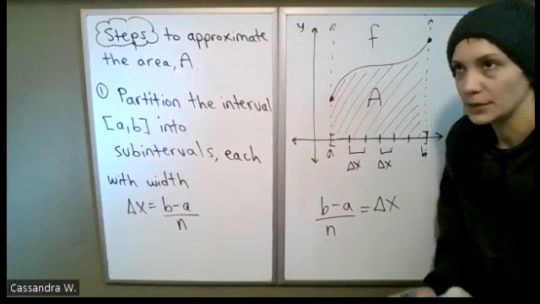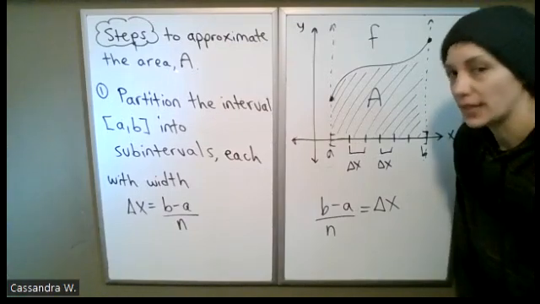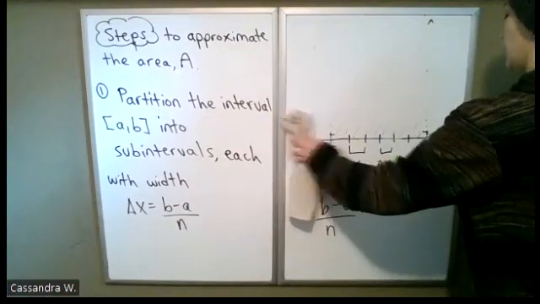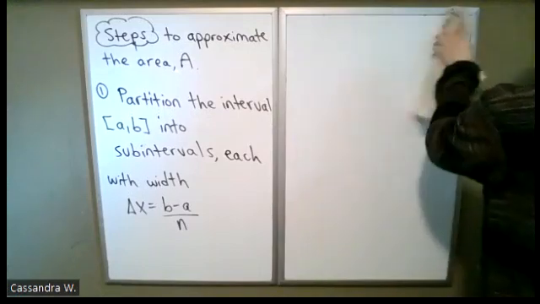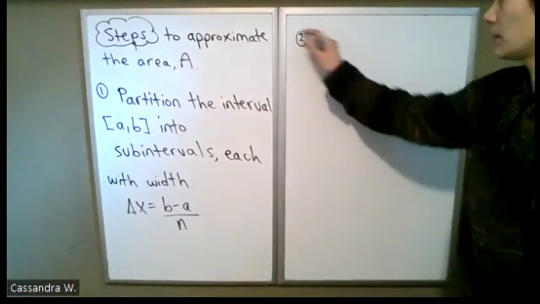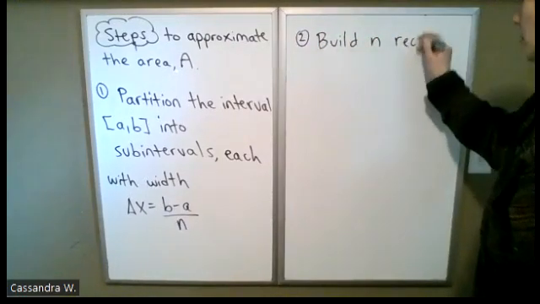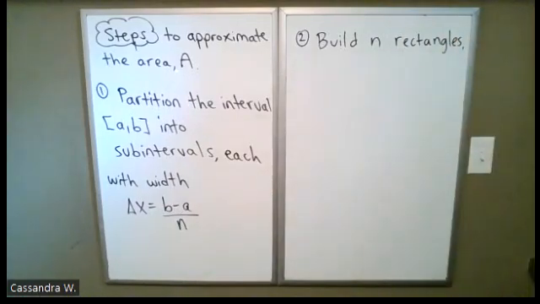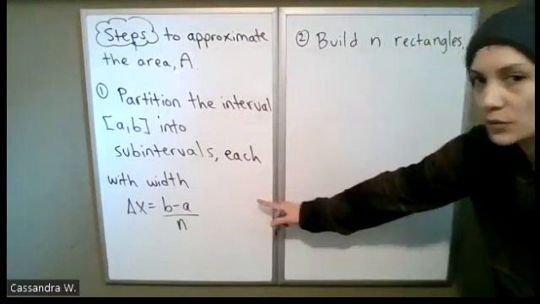Then number 2, we're going to make some rectangles. So we build n rectangles. The rectangles have a width delta x.